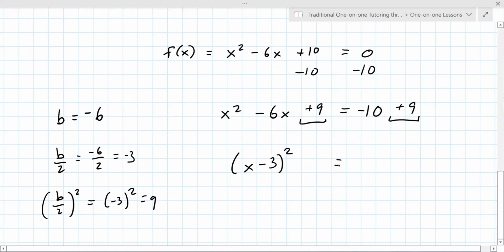You always put the same number in each position, and you add 9 to each side. So what is minus 10 plus 9? -1, yeah.